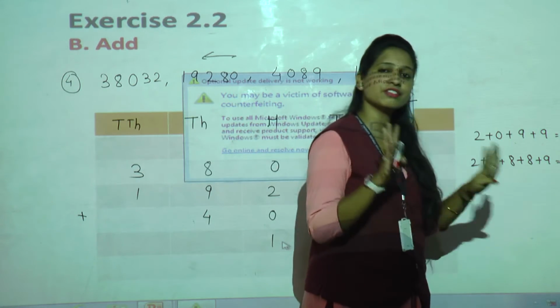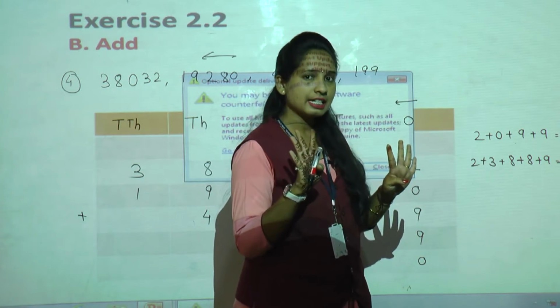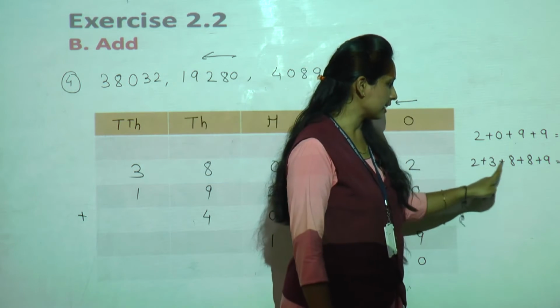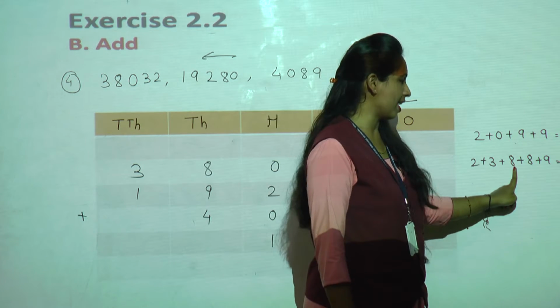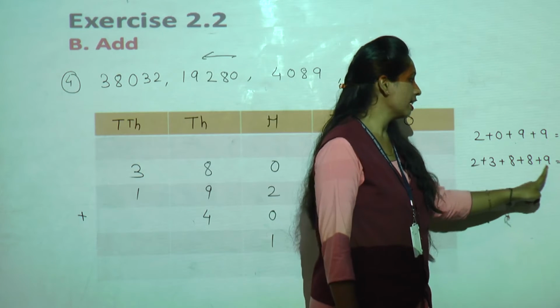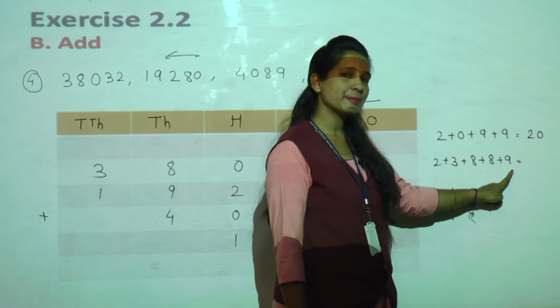Okay, again 18 after, again 8. See, how you can do shortcut. You can do it fast. 8 plus 8, 16. See here again we get one more 8, but it is 9. 8 plus 1 is 9.